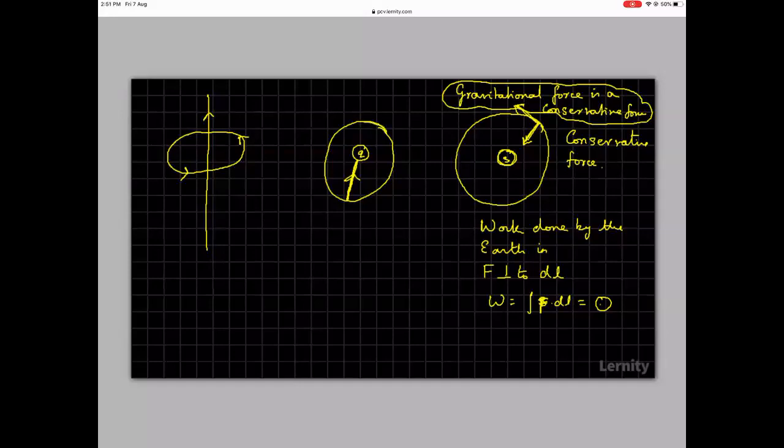So now you have an electron here which seems to be rotating around a charge. So again the force is in this direction, and the logic will be the same. Integral E dot dl will become equal to 0, because E is perpendicular to dl. So electrostatic force is a conservative force.